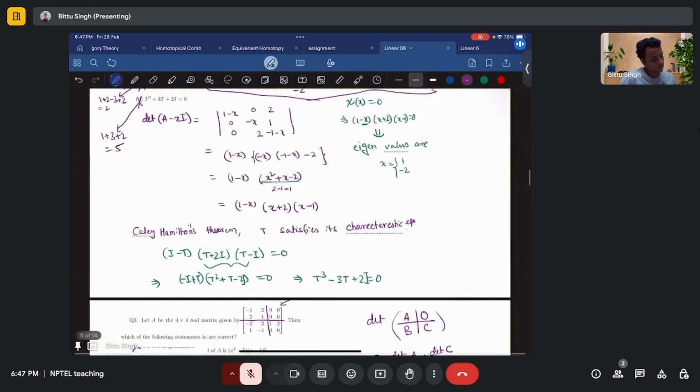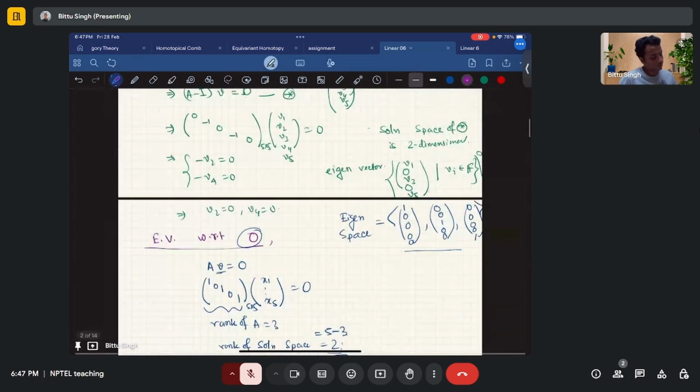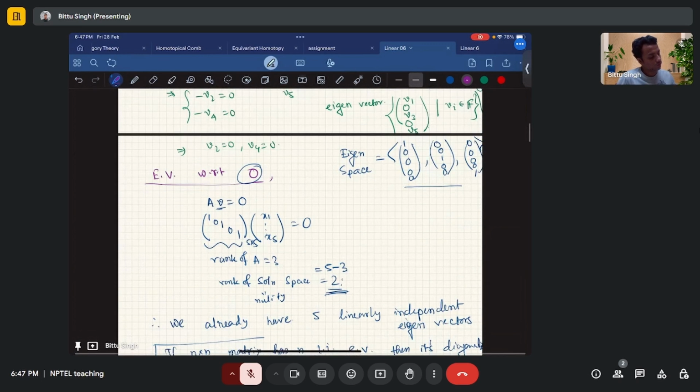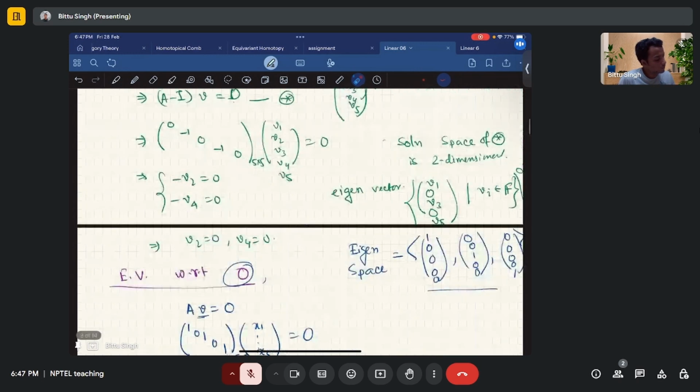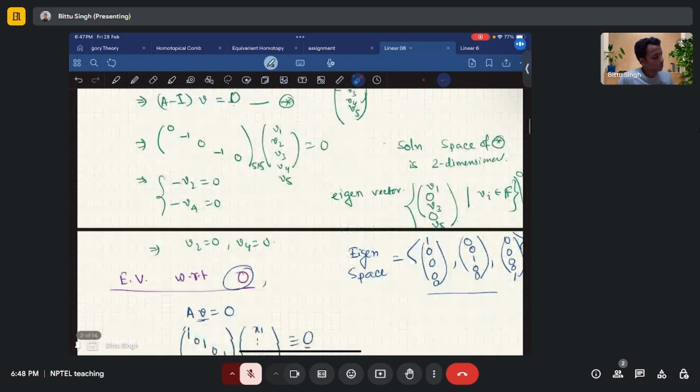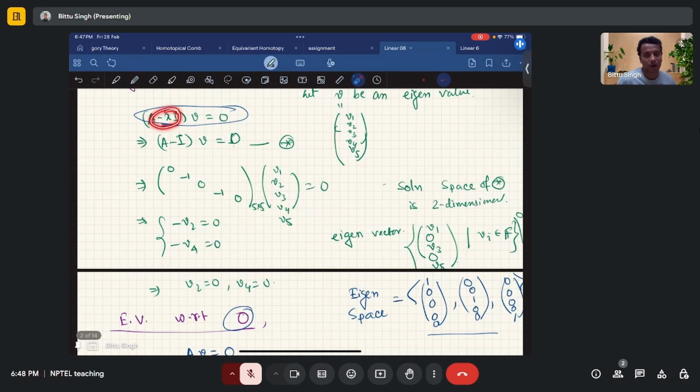For example, in the previous example, we have seen that corresponding to 0, the dimension of the eigenspace is 2. So the geometric multiplicity of 0 is 2. And for this example, the dimension of the eigenspace corresponding to 1 was actually 3. So the geometric multiplicity is 3 in this case.